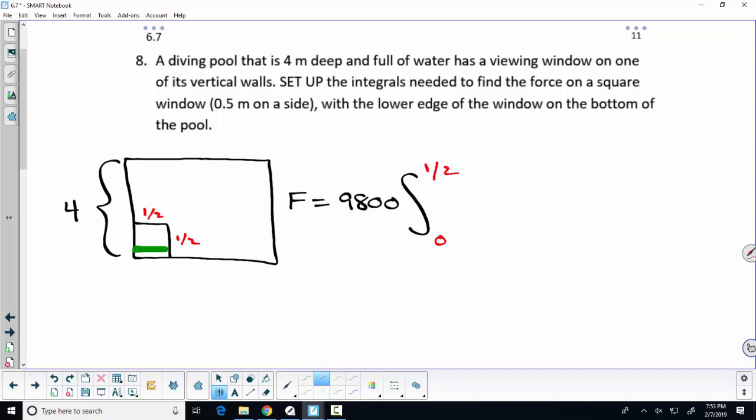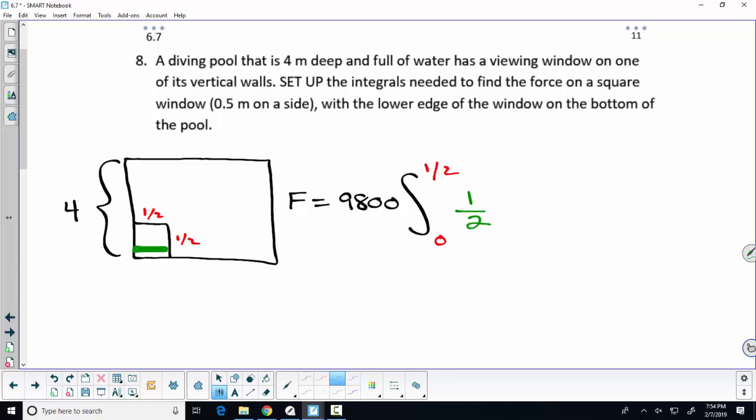Okay. The width function is always 1/2, so that doesn't change. So the width function is constant. This is W sub y. Then what do we have to multiply that by? Yeah, h minus y. What's h here? It's 4, because the water is all of this.